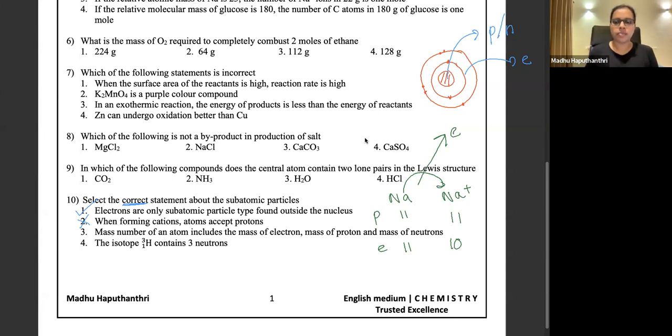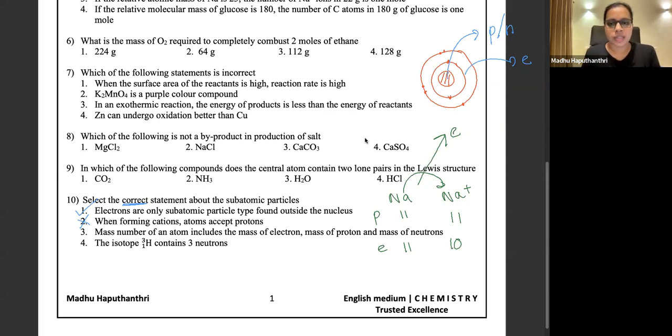Another type: two atoms are there. One is giving one electron, another one is giving another electron. So they share the electrons. Another type of business. Sometimes some other types of sharing are also there. I will not go into that.